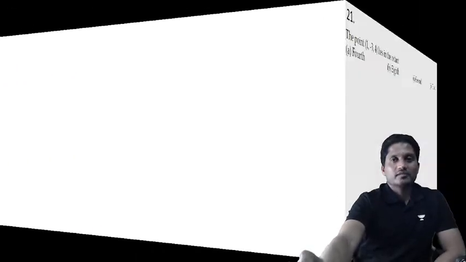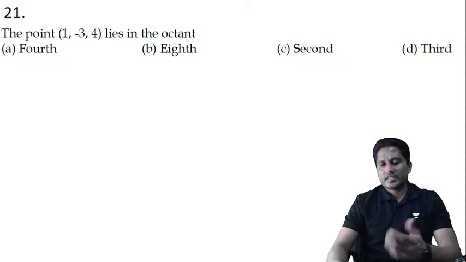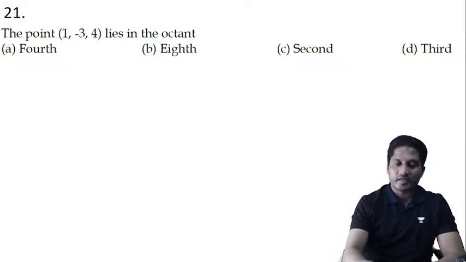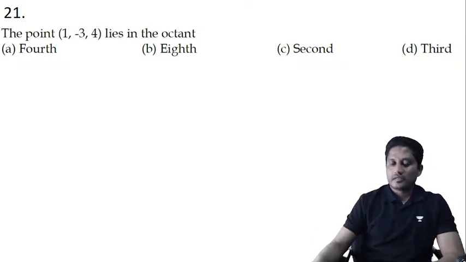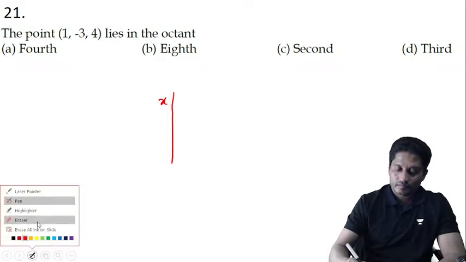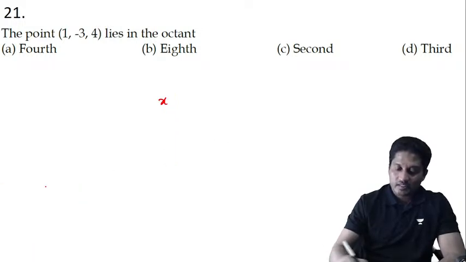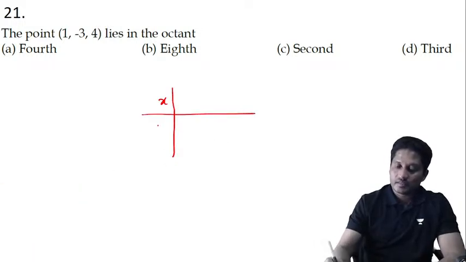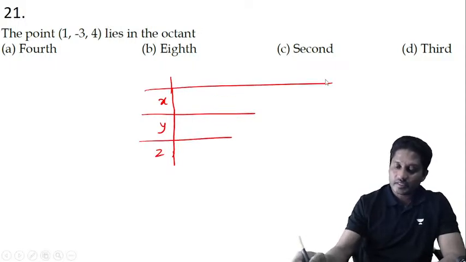Question number 21. The point lies in which octant? There was a similar question in the 2022 paper as well. This is the 2020 paper. If you want to know which octant it lies in, take the x-axis, this is y, this is z, and then you get 8 octants.